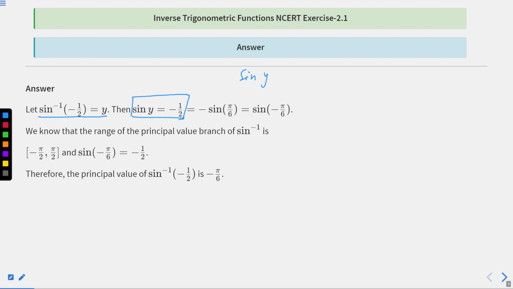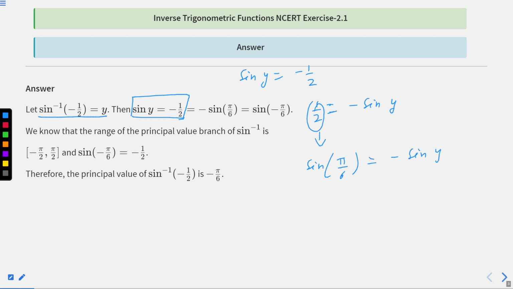Just multiply with a minus sign on both sides. What you will get is minus sine y is equal to half, where half is equal to sine pi by 6. So sine pi by 6 is equal to sine of minus y.